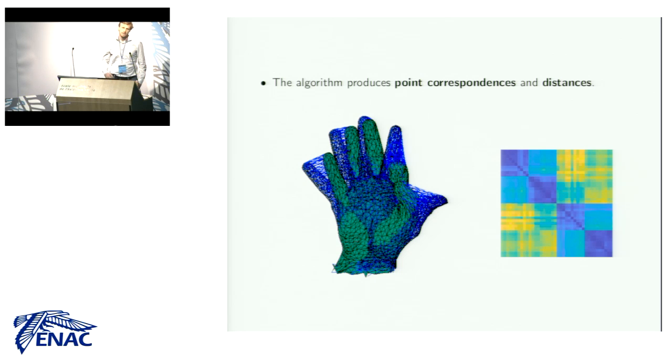If you have an entire data set of such shapes, you can calculate a matrix of pairwise distances, which is what you see in the right image. This can then be used in further processing stages for shape analysis. You could apply, for example, machine learning or clustering algorithms to this distance matrix to extract further information. And that's the goal of this entire exercise.